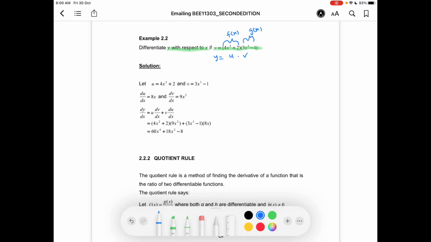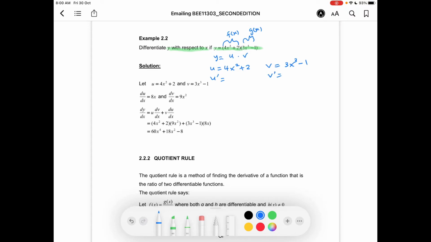What you need to do is find one by one. We define u equals 4x squared plus 2, and v we define as 3x cubed minus 1. Now we need to find u prime and v prime.